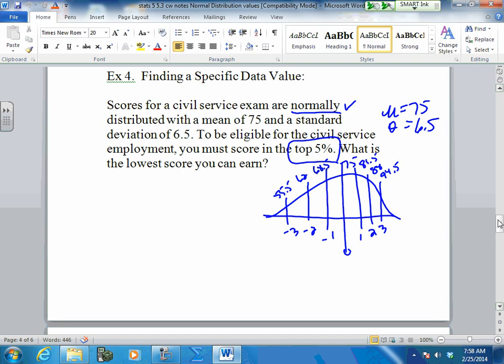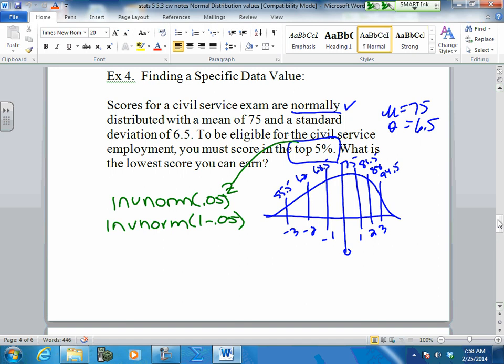So we want the top 5%. How do I find the z-score for the top 5%? I need to know my z-score first for this guy. Inverse of 0.05. Okay, if I do inverse norm, we get the negative, but we just take the positive. Or we can do 1 minus this, and that'll give us exactly the positive. Does everybody see they're exact same because of the symmetry in your curve?